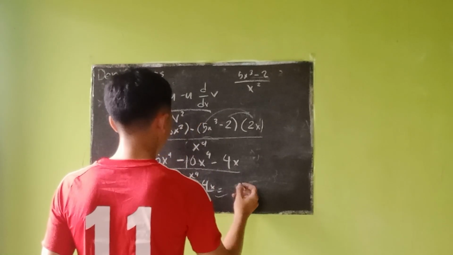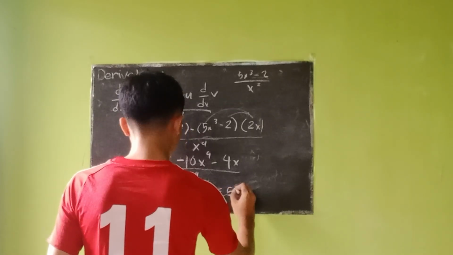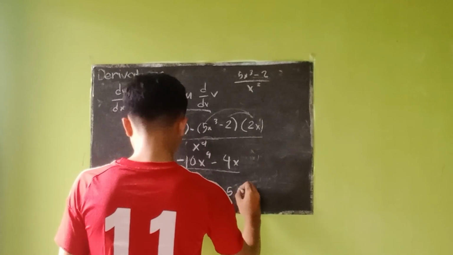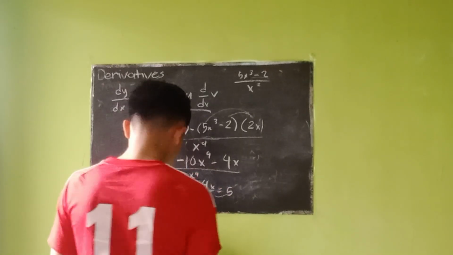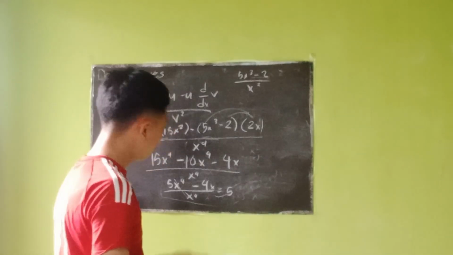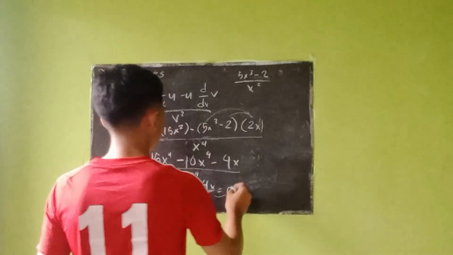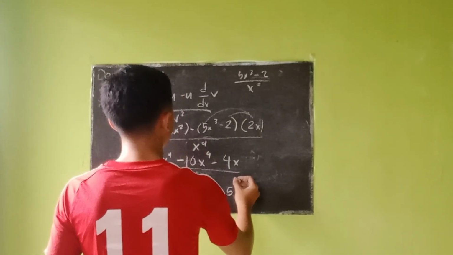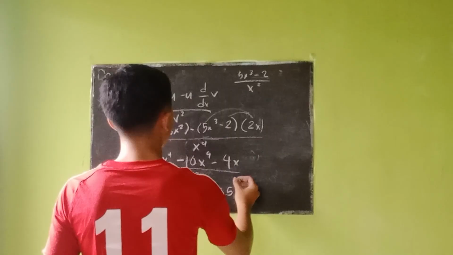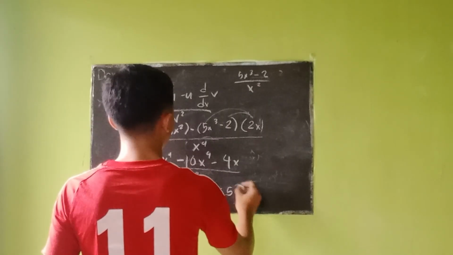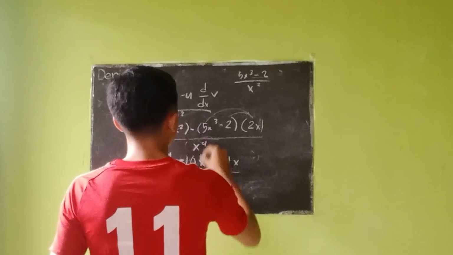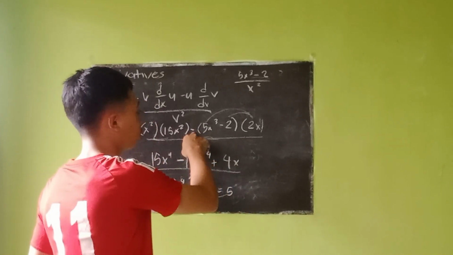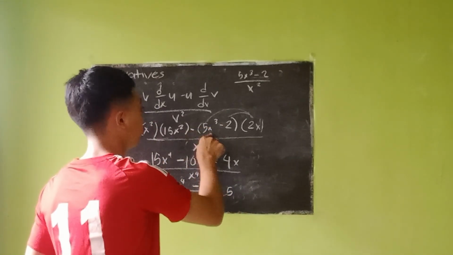So this one will make it 5, plus. When we distribute the 5, it will be negative 5.